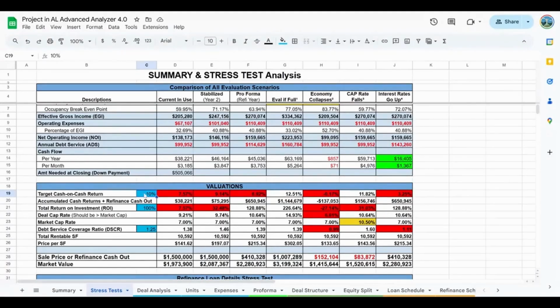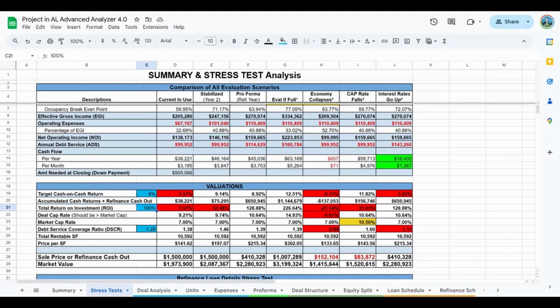I usually look for a 10% cash on cash return, but you can change it to a 7 or 8, and you'll see how once the benchmark is met, it'll get rid of the red notification.